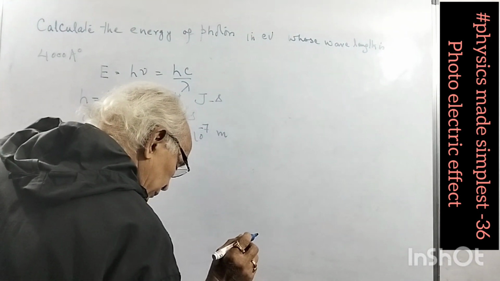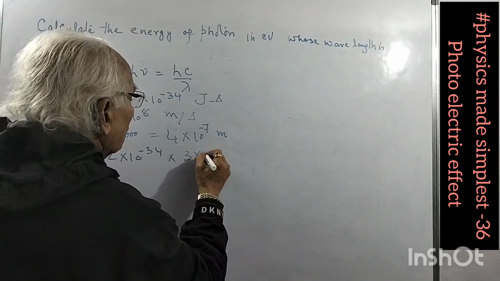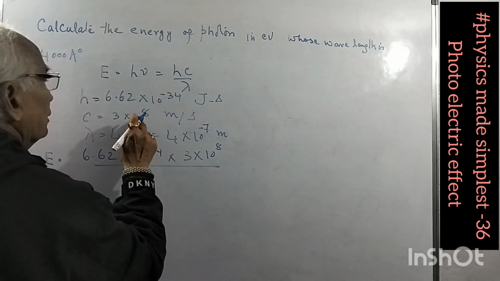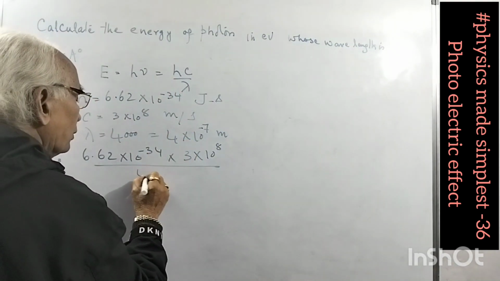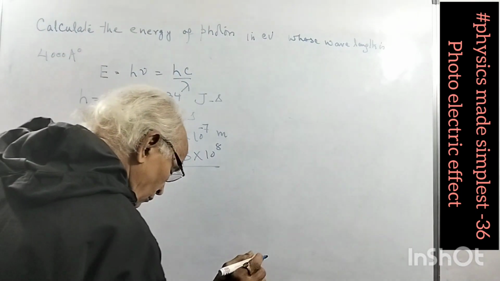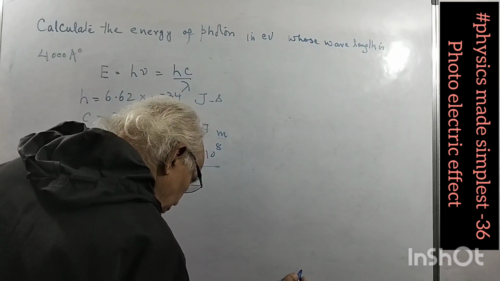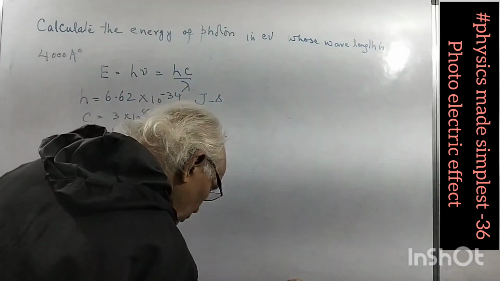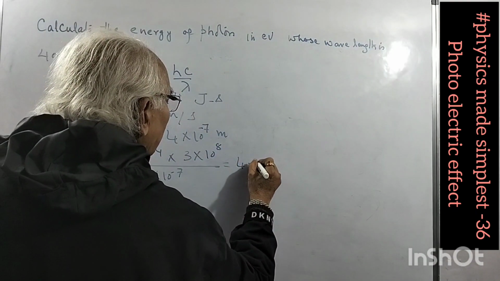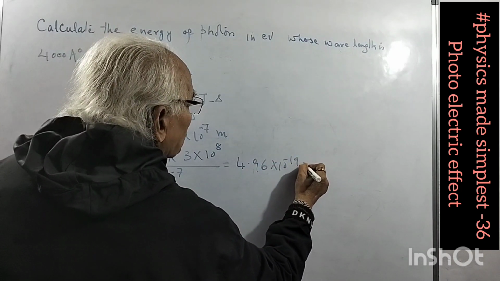C is the light velocity, so 3 into 10 to the power 8, divided by lambda, 4 into 10 to the power minus 7. You can calculate this. This will be 4.96 into 10 to the power minus 19 joules.